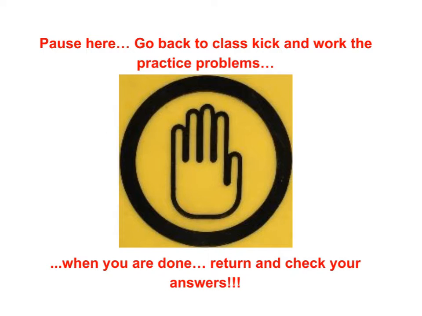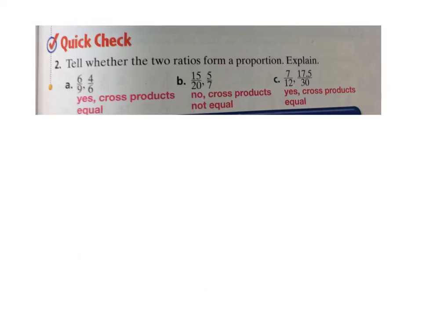Pause here and go back to class kick and work a few. So on the first one here on A, the answer is yes, because our cross product 6 times 6 is 36, and then the other way, 9 times 4 is also 36. So we would say yes.